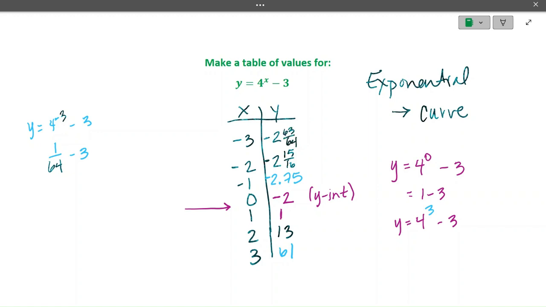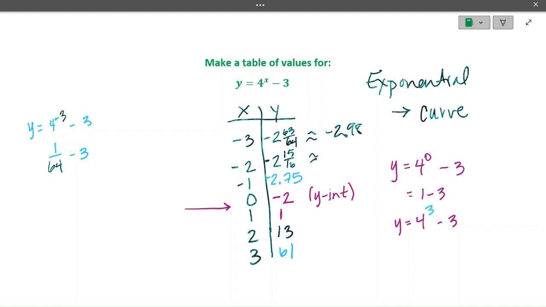Those are pretty gross numbers, but what we're noticing is they're not getting that much smaller. If I were to put this in my calculator, what I'm going to find is that 1/64 minus 3 is about negative 2.98.